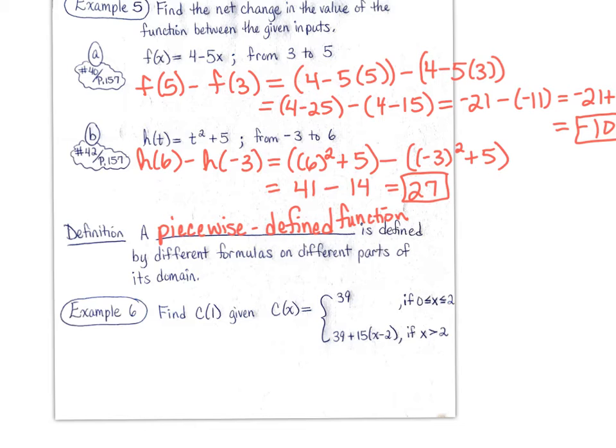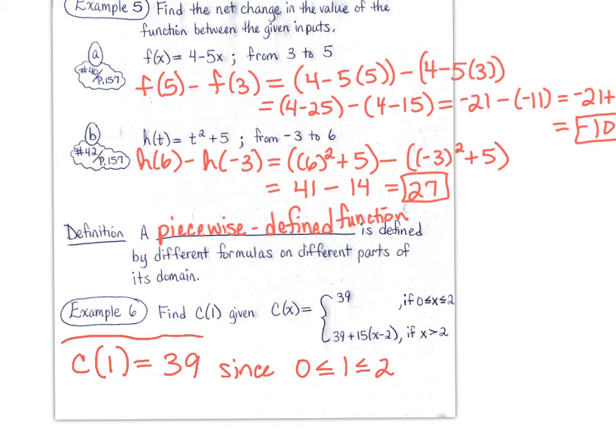So c of 1 is equal to what? 39, very good. c of 1 is equal to 39 since 1 is between 0 and 2. If I ask you to find c of 5, which part of the function would you use? The second part. You got it.